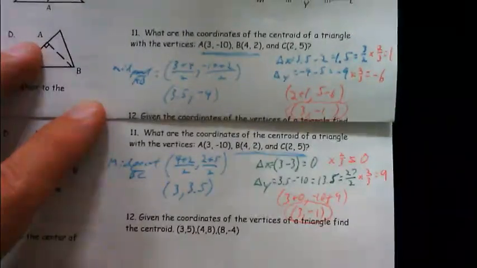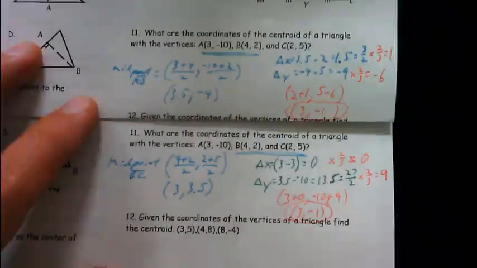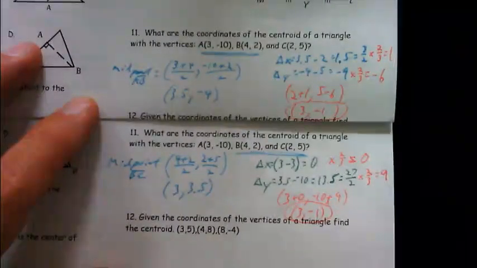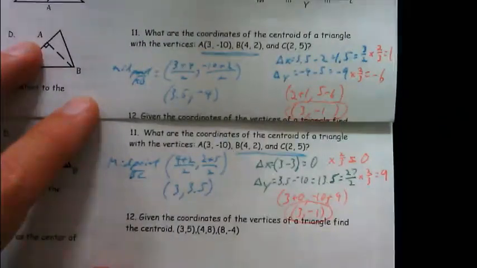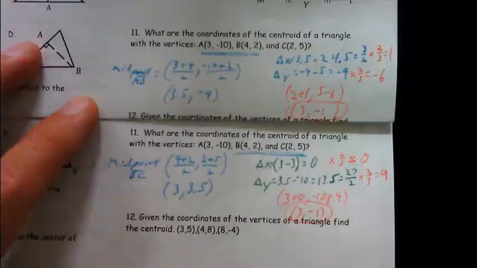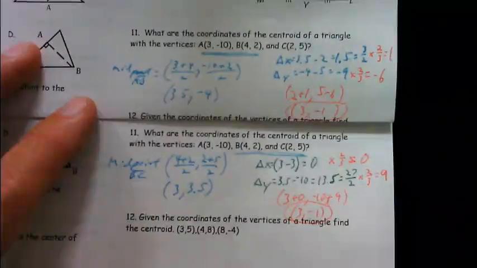Now, we are doing these by finding midpoint and then by partitioning a segment. However, I'm telling you right now, on the test, it is much easier just to look at the graph because I'm going to give you a diagram. And as long as you know that the centroid is where all the medians meet, and you draw on your medians on the graph and find out what point they intersect at, you'll find your centroid.